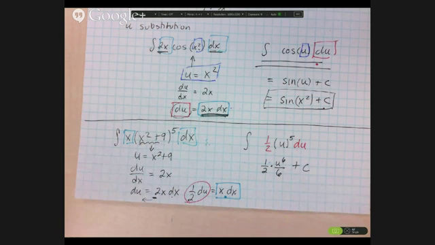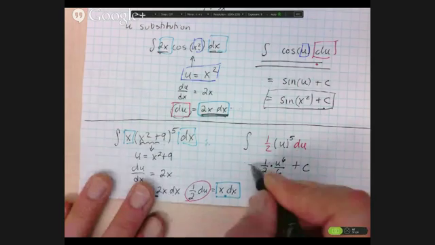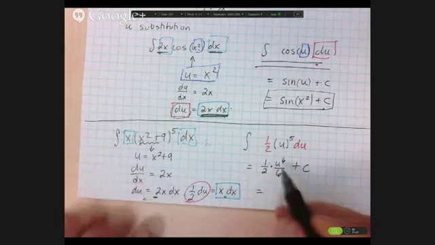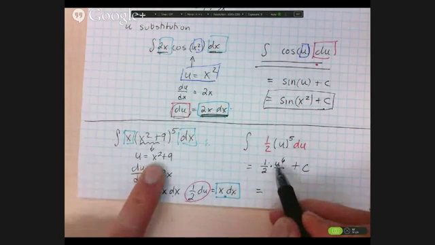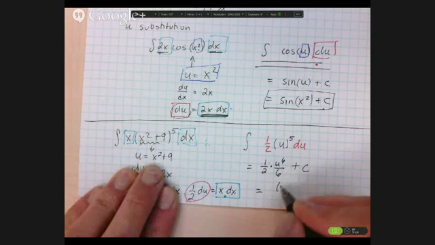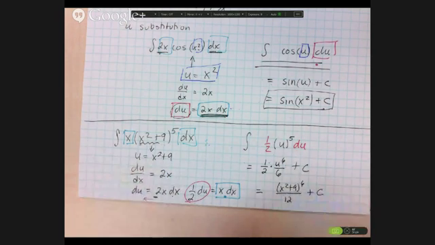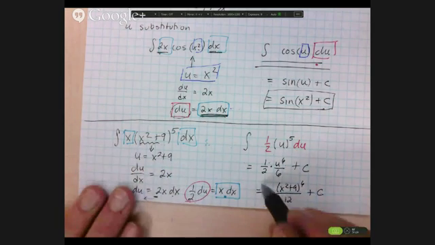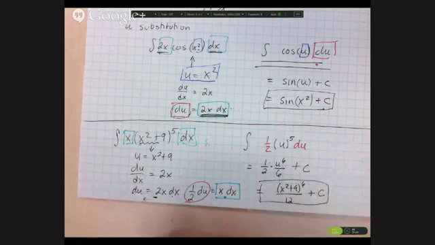It's just a power rule now because you just have a u. Now substitute u back in. So we get x squared plus 9 to the 6th over 12 plus c. And that is your answer.